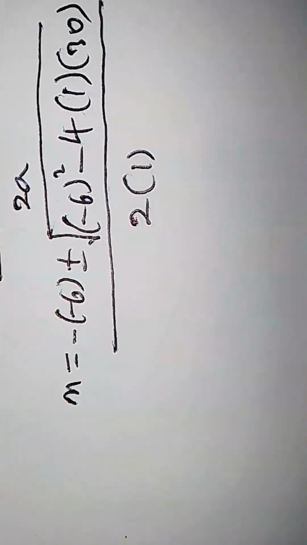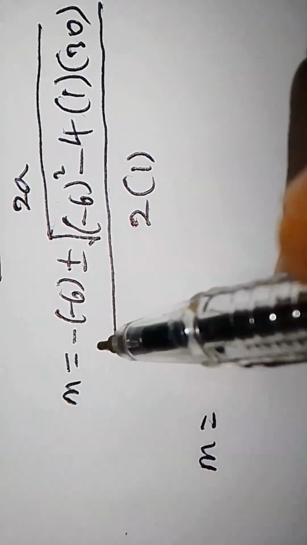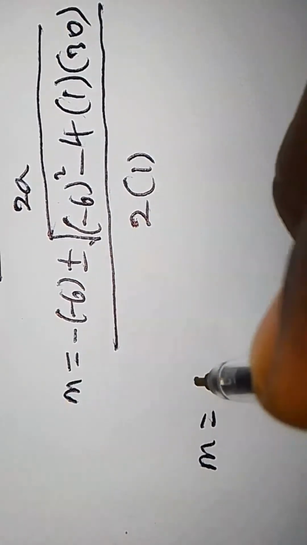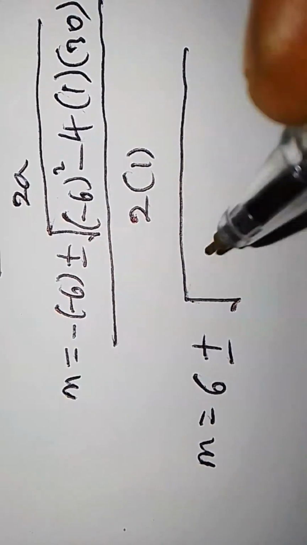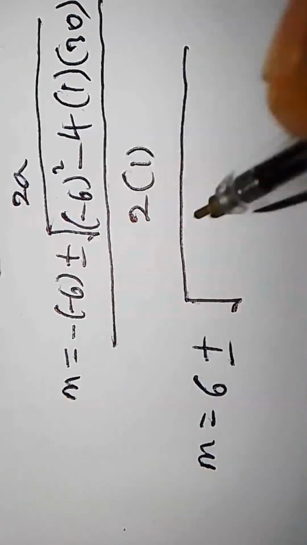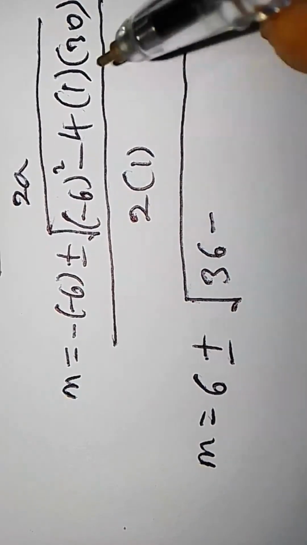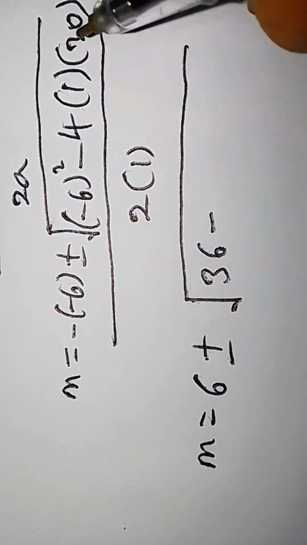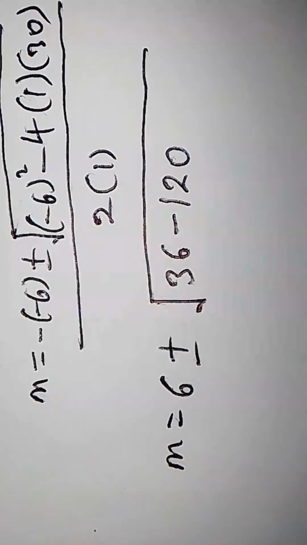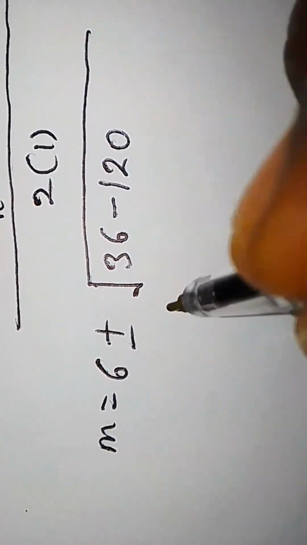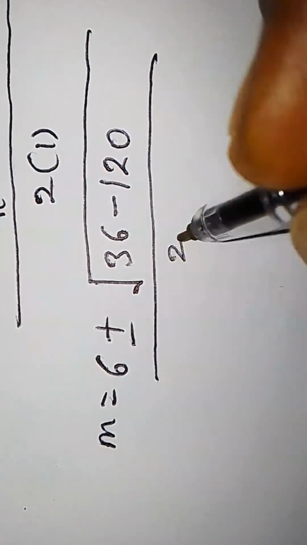Let's proceed further. So m is equal to minus minus 6, that is 6, plus or minus square root of minus 6 all squared is 36, minus 4 times 1 times 30, that is 120. Everything divided by 2 times 1, that is simply 2.